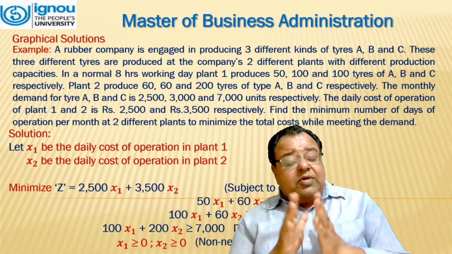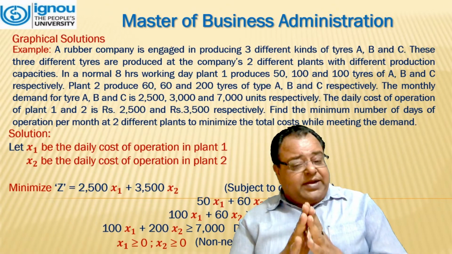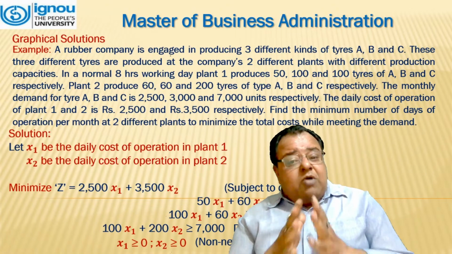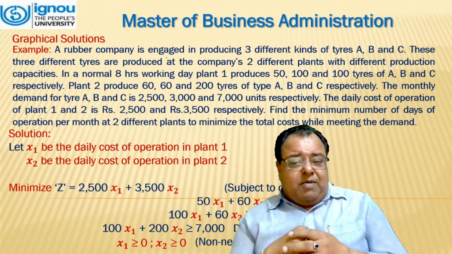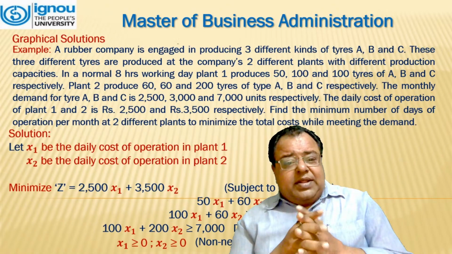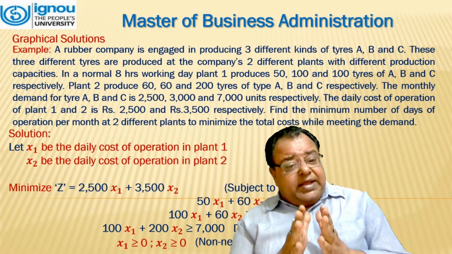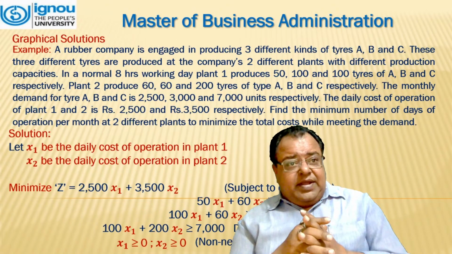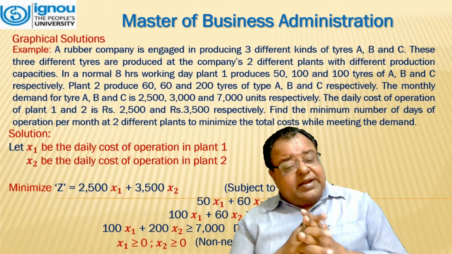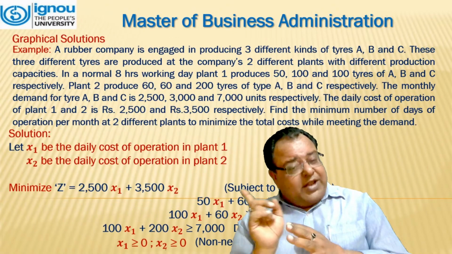And right now, the equations are without sign. How to place that sign? We have to go back to the problem. We can see over there the monthly demand of tire A is 2,500. So that means the left hand side has to be greater than 2,500 on the right side.